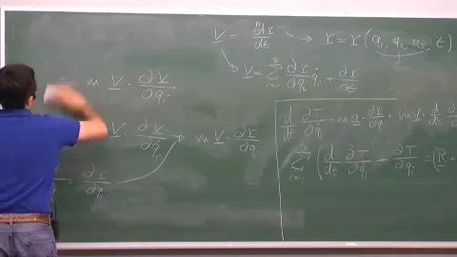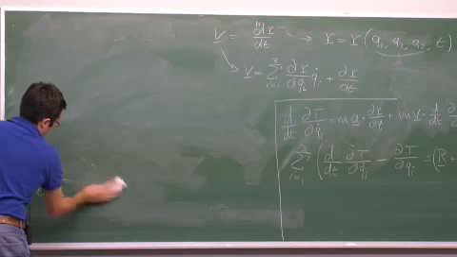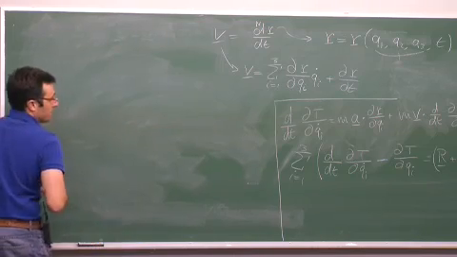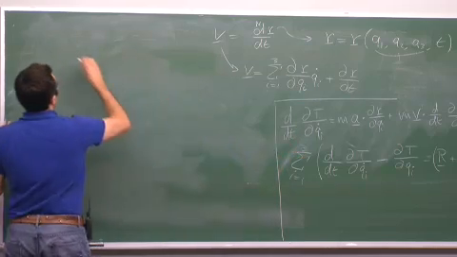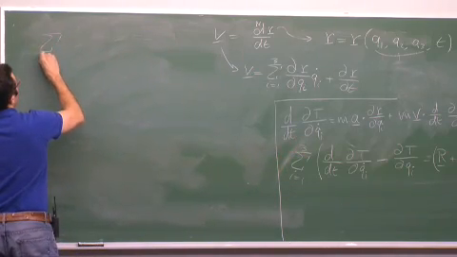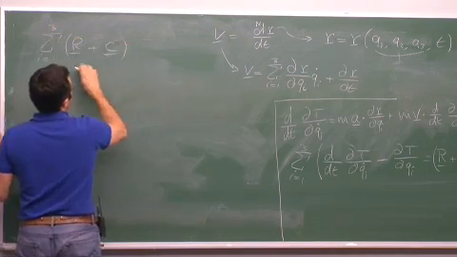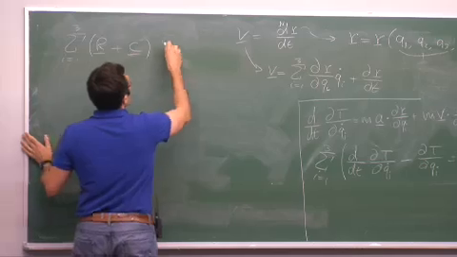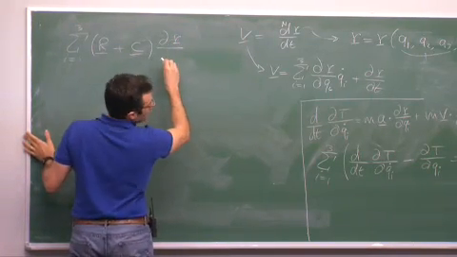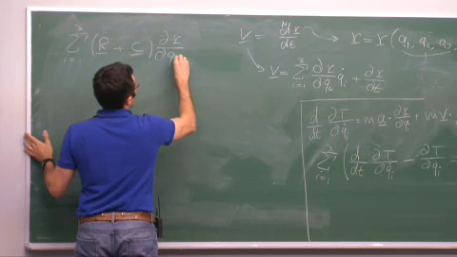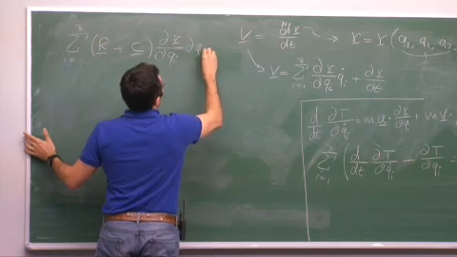Move back here. Why am I bothering doing all this? Just for one reason, that I want to exploit the fact that C is not going to make any virtual work. Because in that summation, if I only focus on this term here, summation over i of F plus C, and note that these two don't depend on the i, I have dr dqi in partial of r with respect to qi delta qi.